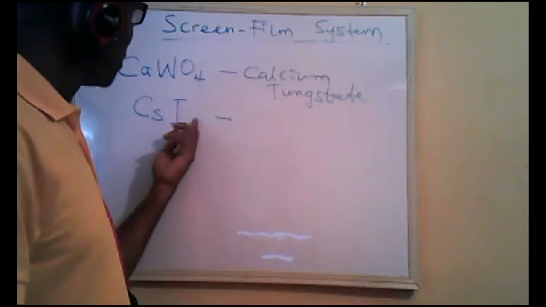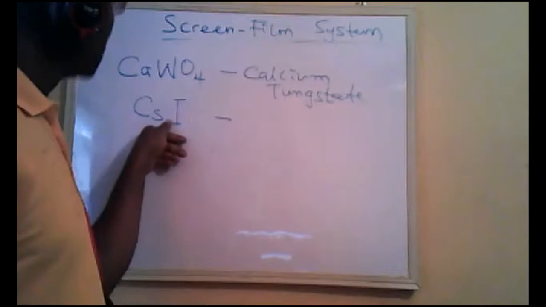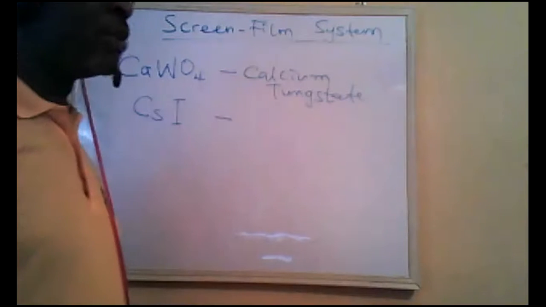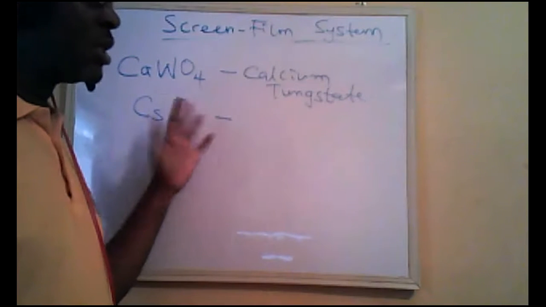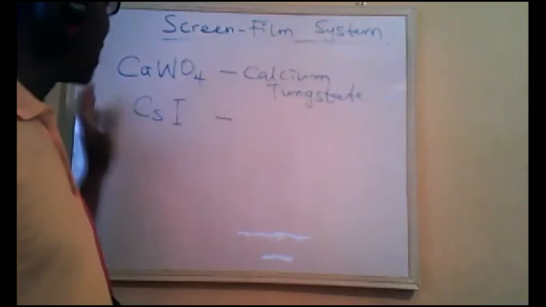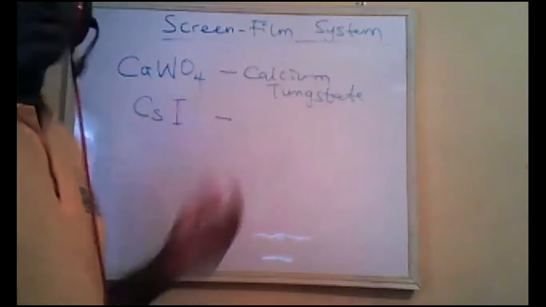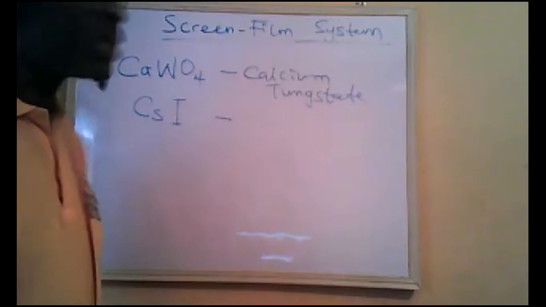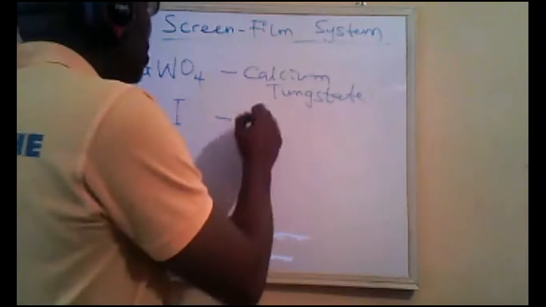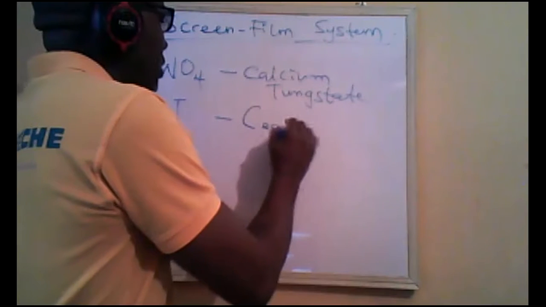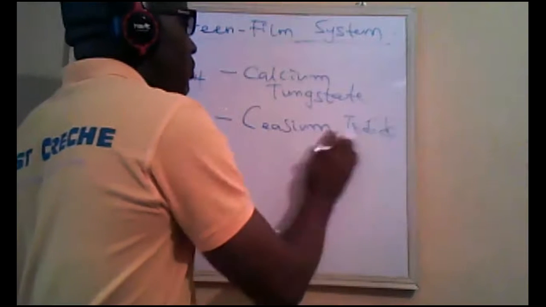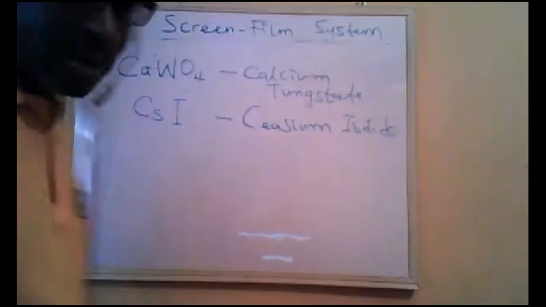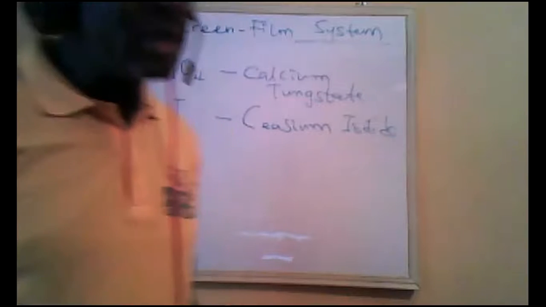So it is not used in ordinary screen film radiography. You can use it in, say, fluoroscopy. Basically, it is the major phosphor used in nuclear medicine and the gamma camera. Iodide is also an example of a phosphor, but it's not used in general radiography.